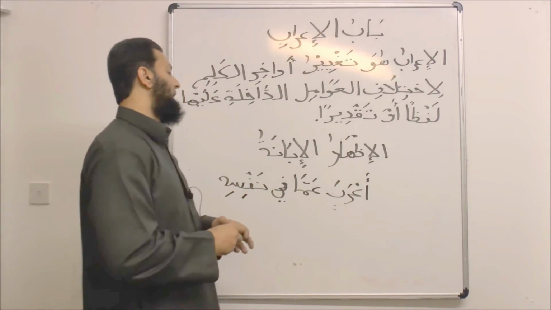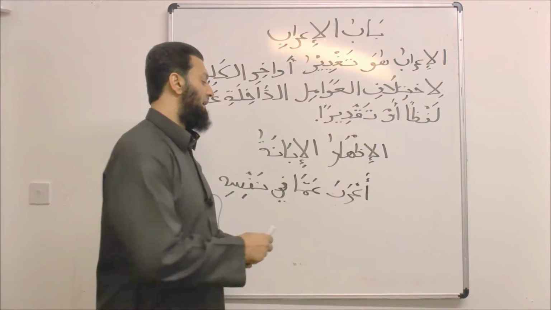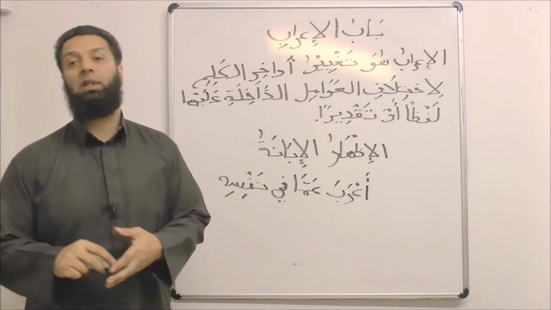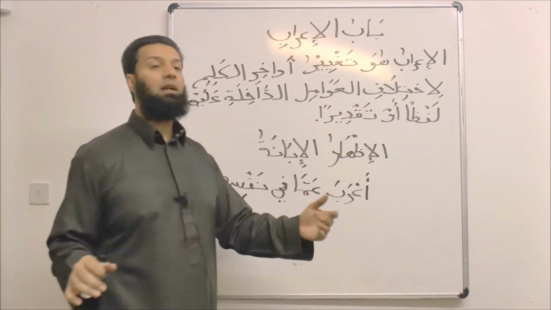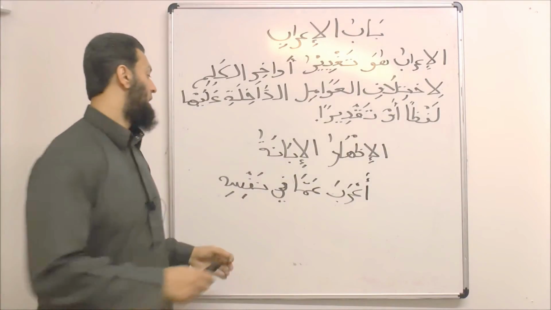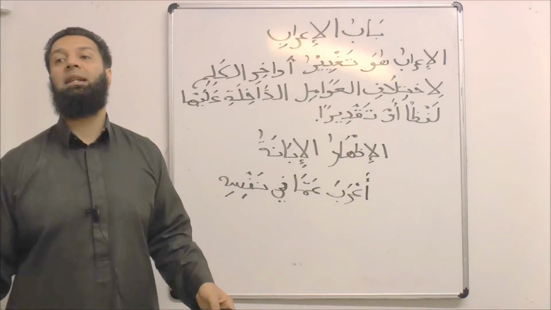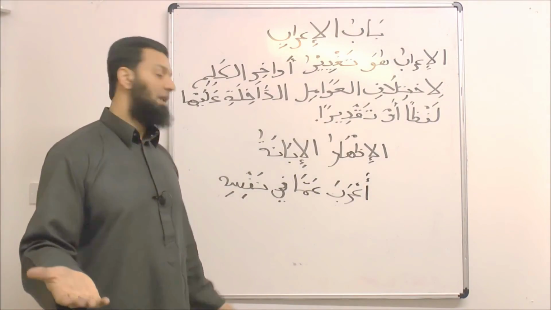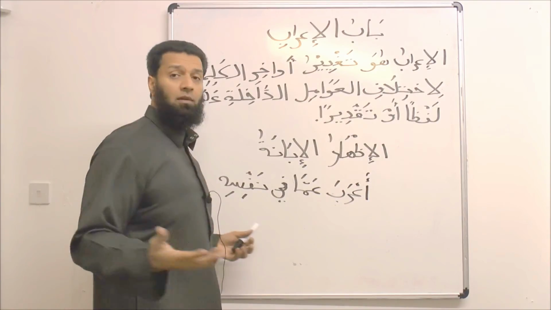What does that mean? A'raba, he communicated or pronounced or declared, however you want to define it. Amma means about. About what? Fi nafsihi. In himself. His nafs, his self.